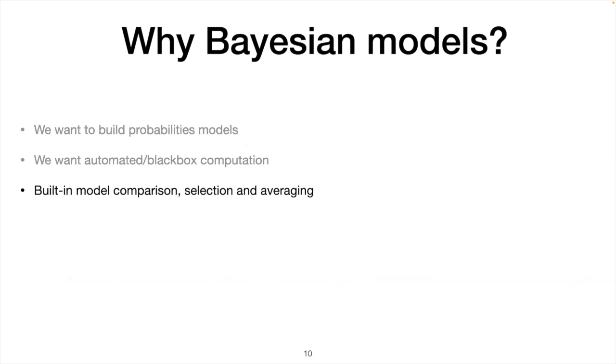That pretty much leads to the third feature of Bayesian modeling: when we do Bayesian inference, we often have built-in model comparison, selection, and averaging tools that can help us do these tasks, often for free.